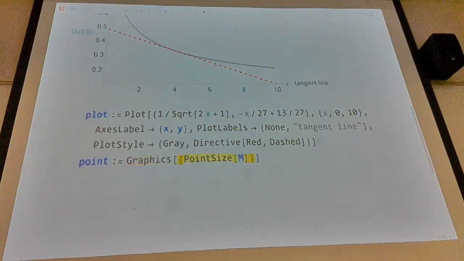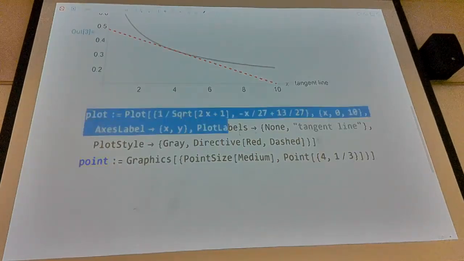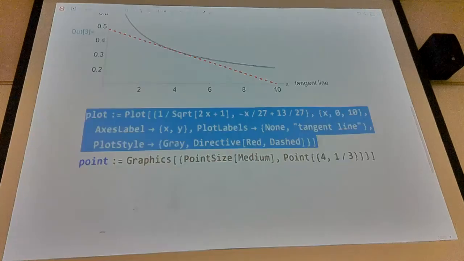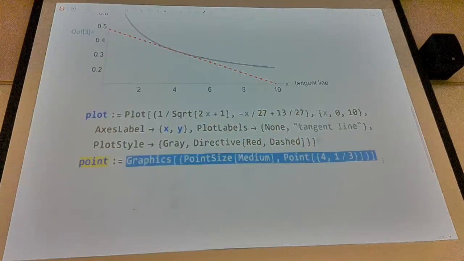And the point was what? X equals 4, 1/3 was the y, right? So obviously you know what this is going to do, right? That just gives the plot. This will just give me a point at that ordered pair, 4, 1/3.